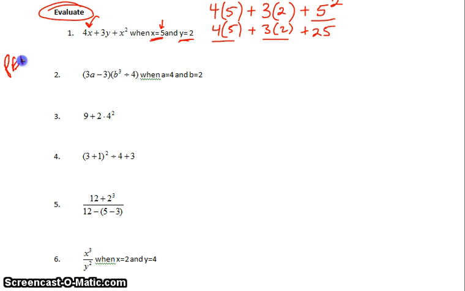Remember, parentheses, exponents, multiplication, division, addition, and subtraction. There's no parentheses, there's exponents. Now we're on to multiplication and division. 20 plus 6 plus 25. Now we're on to addition and subtraction. We have all addition, so we do 20 plus 6 plus 25, and we get 51.